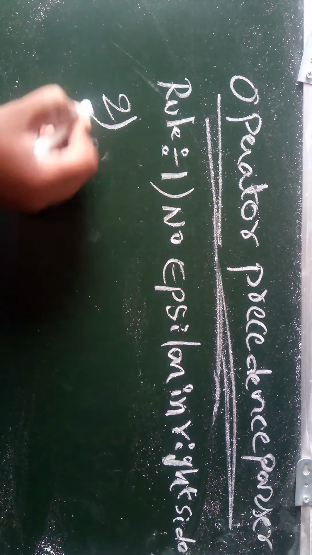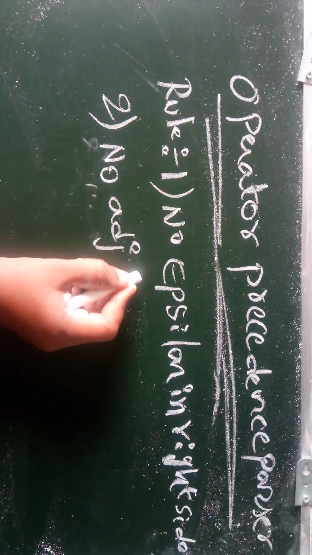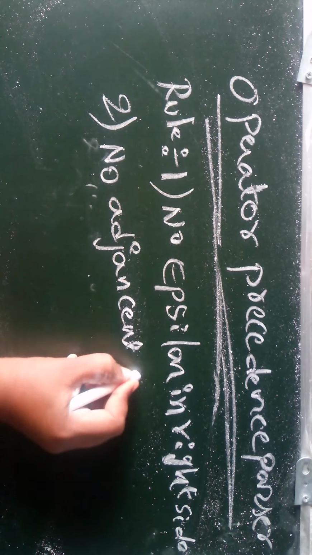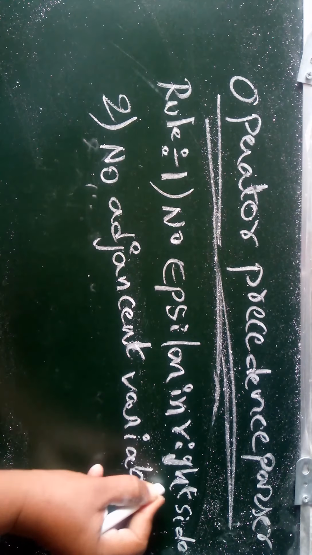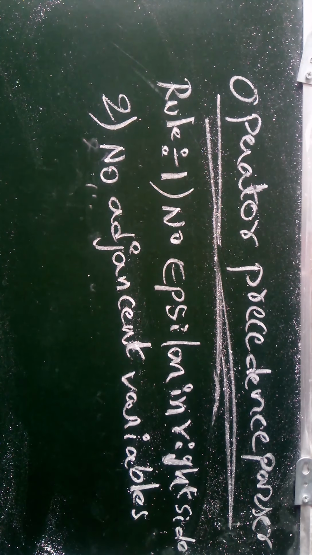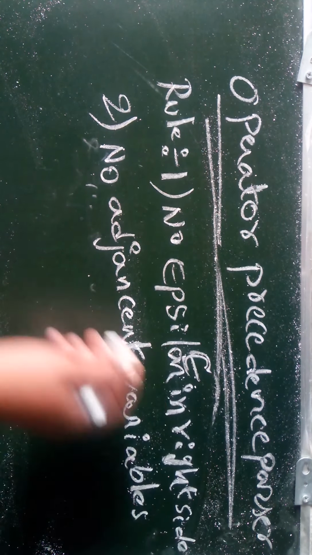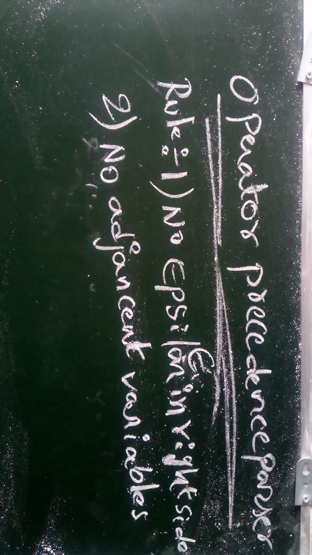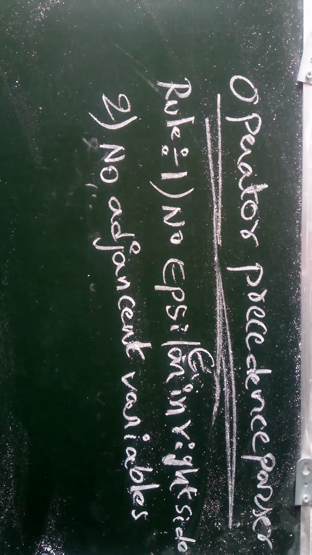Rule 2, no adjacent variables. There are two rules. No epsilon in the right hand side. Epsilon means this symbol. No adjacent variables are acceptable. With an example, I will show these two rules.